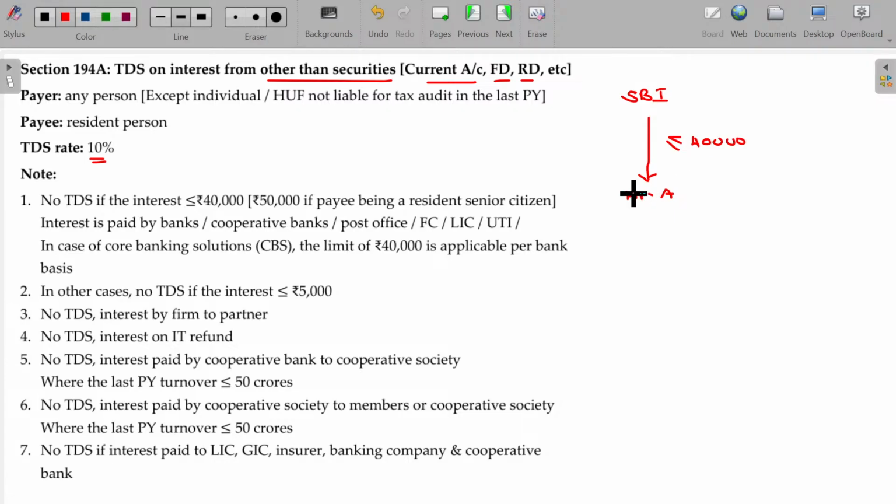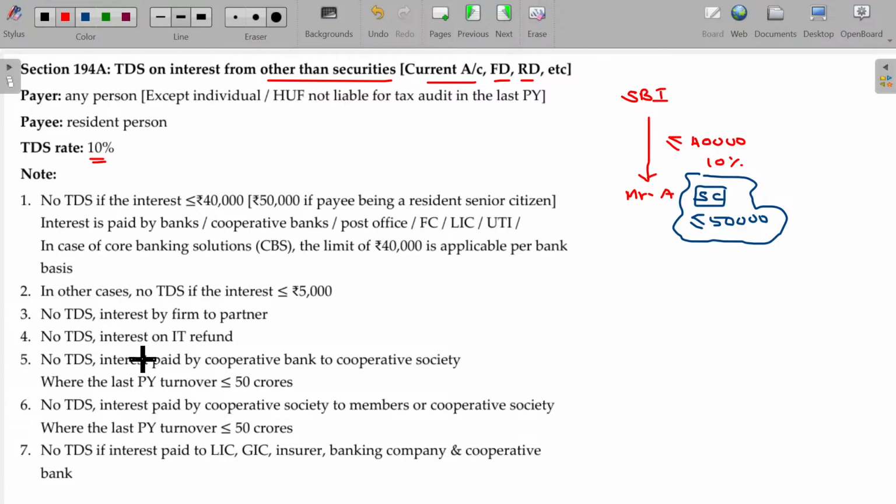Else TDS is applicable. In case Mr. A is a senior citizen, the limit is increased to 50,000 rupees. If the interest paid by SBI to a senior citizen is less than or equal to 50,000, TDS is not deductible. Otherwise, TDS will be deductible at the rate of 10%.